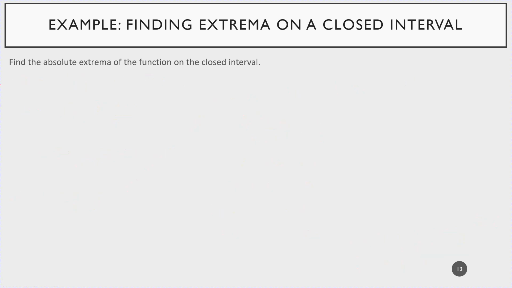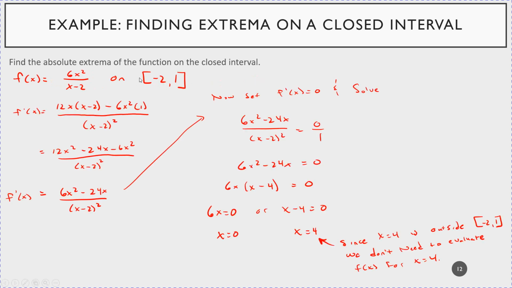So again, our function was f of x is equal to 6x squared over x minus 2. And what we need to do is evaluate for x is equal to -2, 0, and 1.